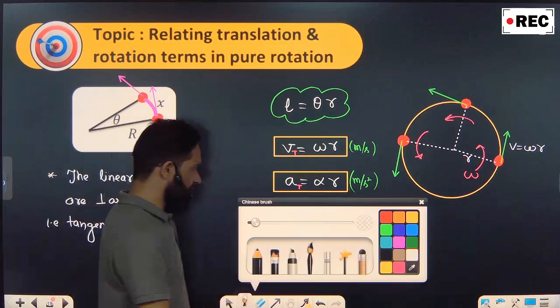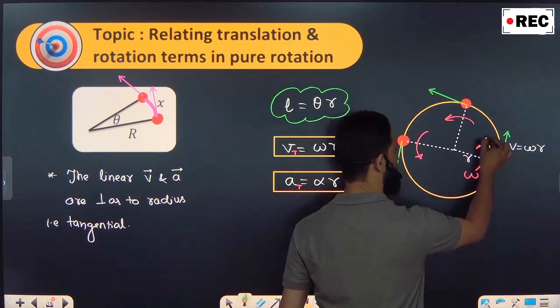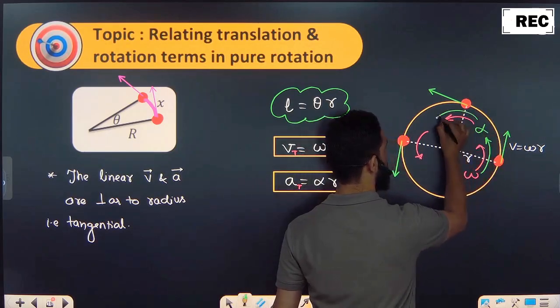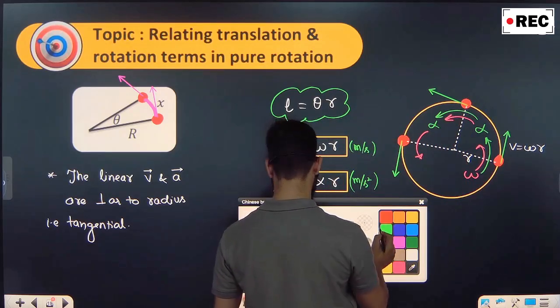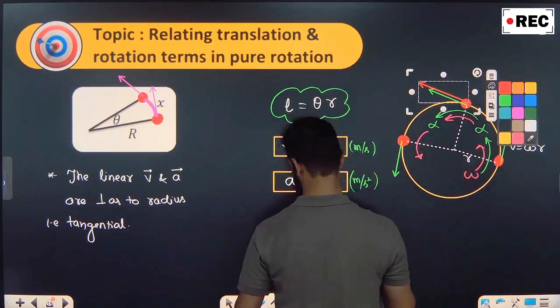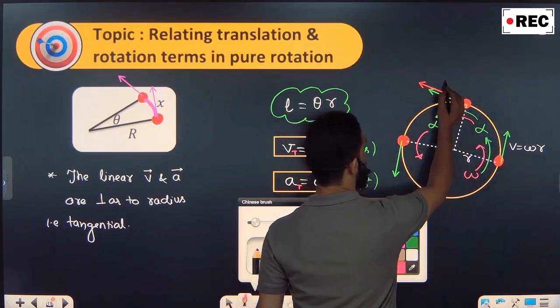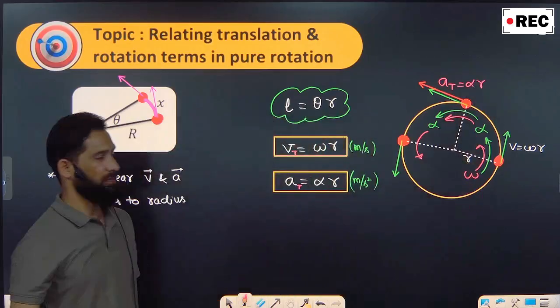Now again, if it is having angular acceleration alpha, it will have one more acceleration, which is called tangential acceleration. Here it will have tangential acceleration, we call it at, that is alpha r.